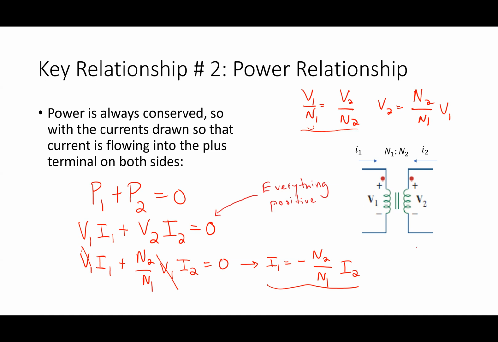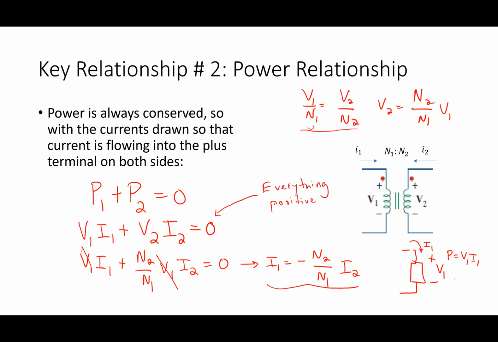Now, real quick, you guys probably don't remember this too much because you don't think about it too much after the very beginning of Circuits 1. But if I have this relationship where I is flowing into the plus sign, in this particular case, I say that power is V1 I1. But if the current was flowing the opposite direction, then it would be the negative of that.